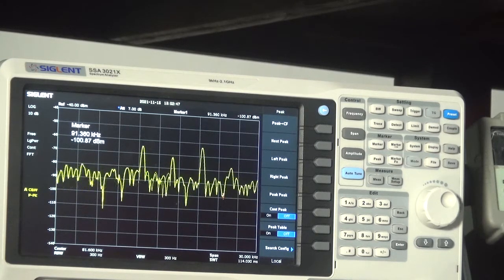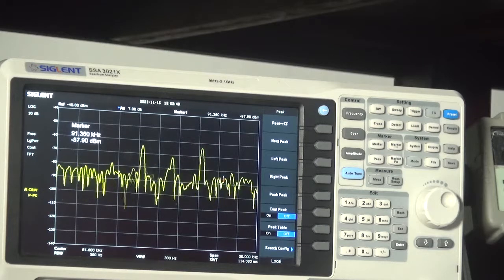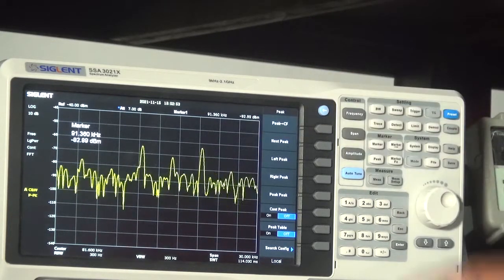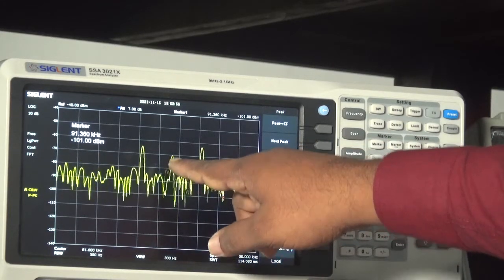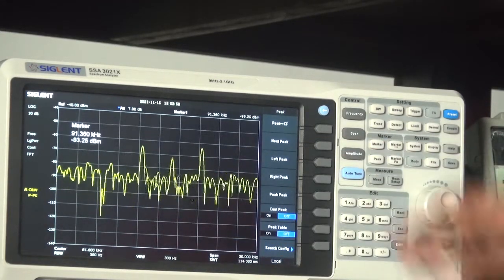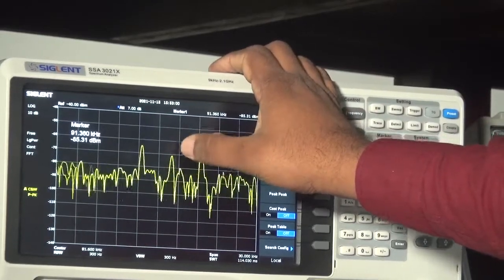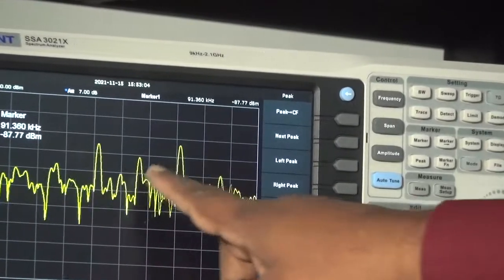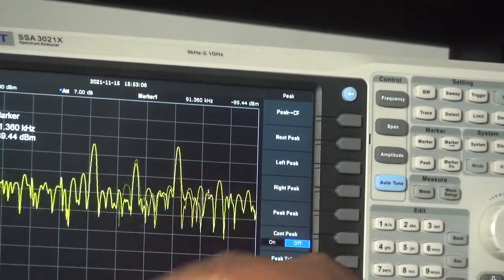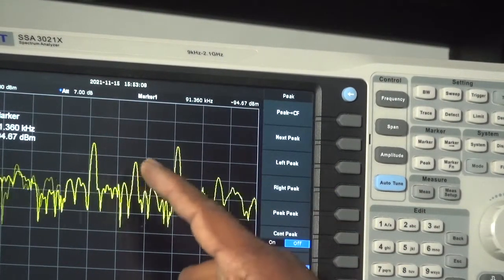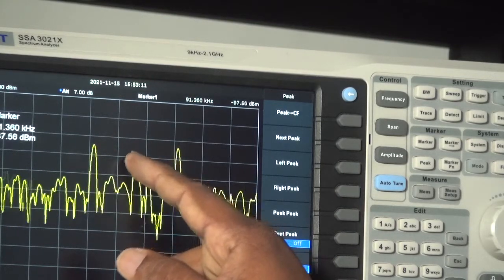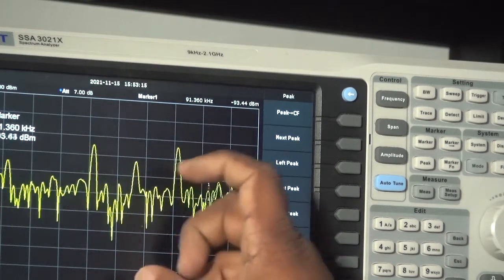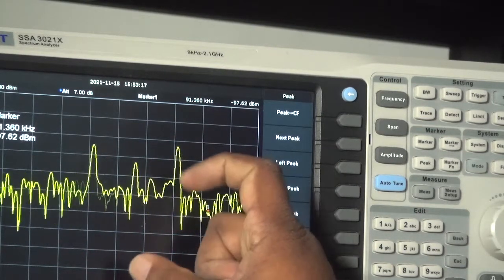You can see that here the carrier is not totally suppressed. We have some carrier power, a carrier peak, but it is suppressed. In the modulated signal, the peak is high, but here up to some level it is suppressed, though not totally.